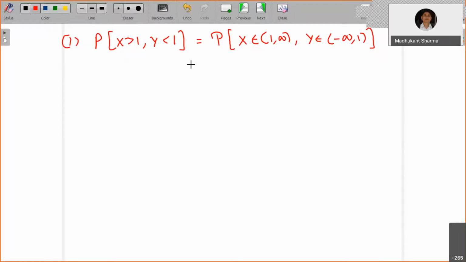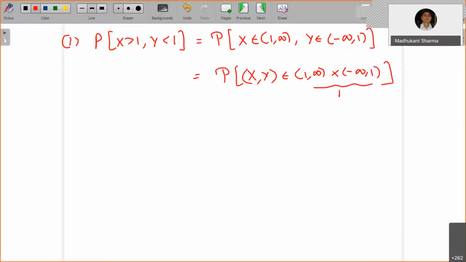Now this is equal to the probability that (X, Y) belongs to (1, infinity) cross (minus infinity, 1), this Cartesian product. This is your set B, so this probability is the double integral over B of f_{X,Y}(x, y) dx dy.